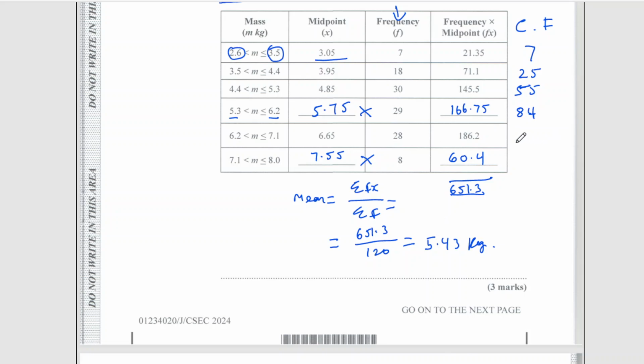So tell me how to get this one here now. 84 plus 28. No, by adding the 28.